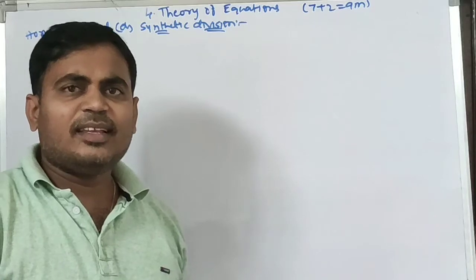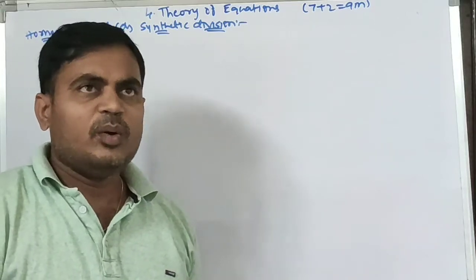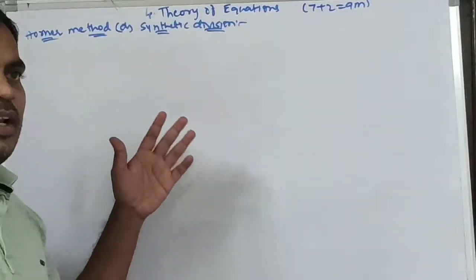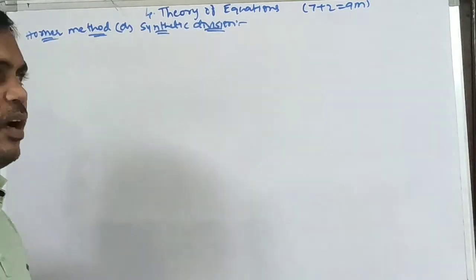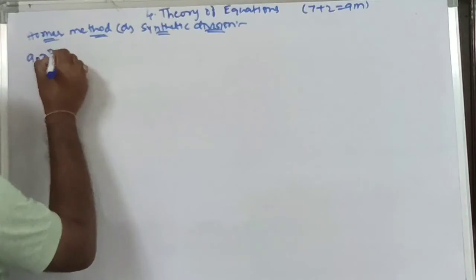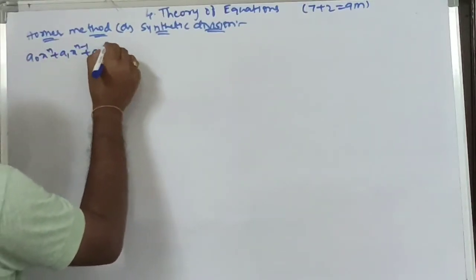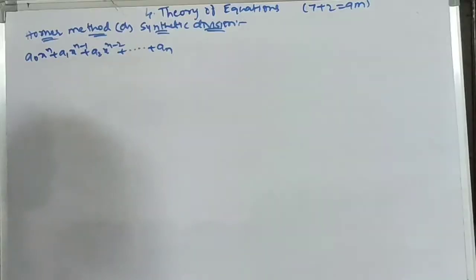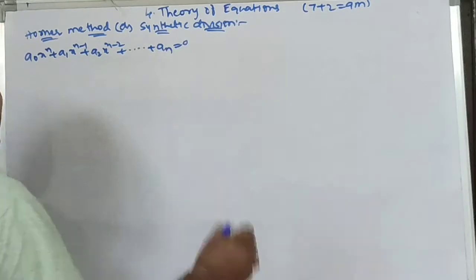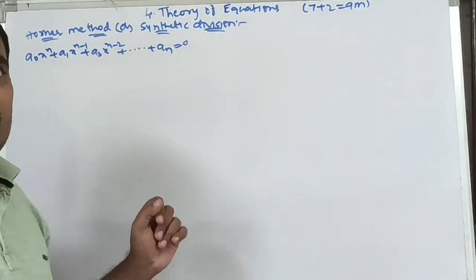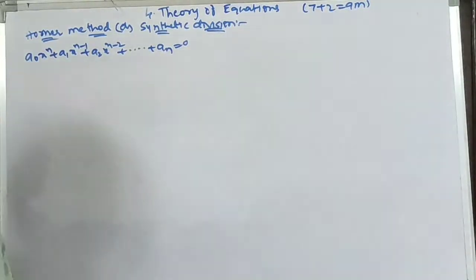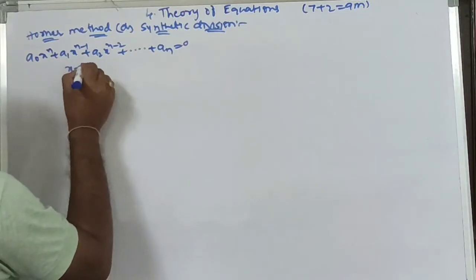Another method is the synthetic division method, where we divide a polynomial by another polynomial. I am taking the polynomial a0 x^n + a1 x^(n-1) + a2 x^(n-2) + and so on up to an, an equation of nth degree. I am dividing this polynomial by x minus a.